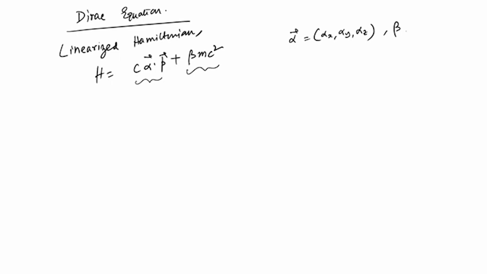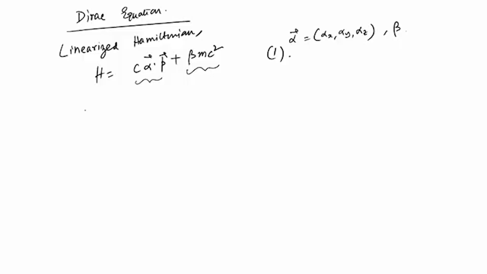Alpha has 3 components, alpha x, alpha y and alpha z, sometimes called alpha 1, alpha 2 and alpha 3, and beta is another, and so on. And there are certain properties that are going to emerge of these alphas and betas, which necessitate us to take these forms, that they are not scalar quantities, they are actually matrix quantities.